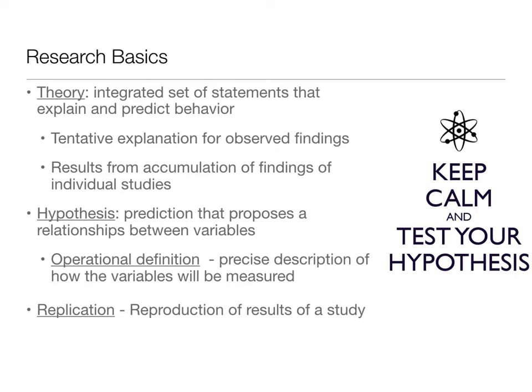Now, what you need is replication. You need to be able to find those same results over and over again. Think about it like a copy machine, right? You're replicating the results of a previous study. And when you can find the same thing over and over again, you can come to a scientific consensus.